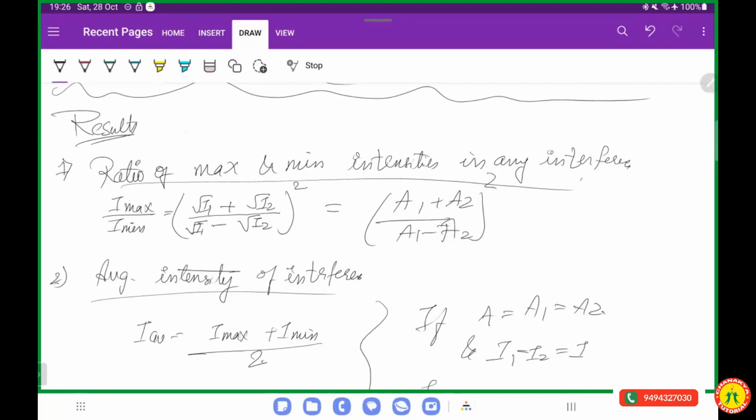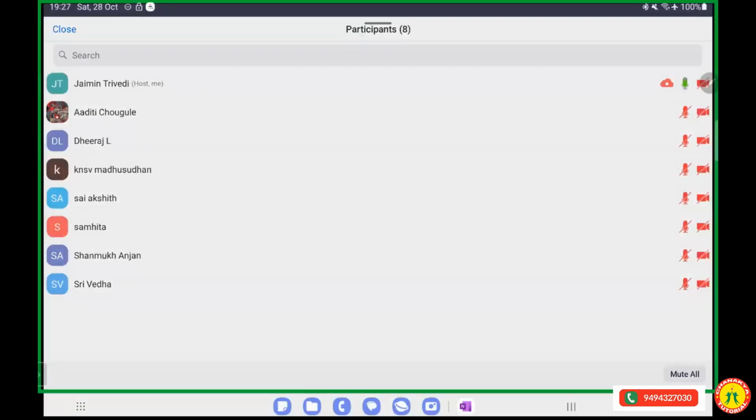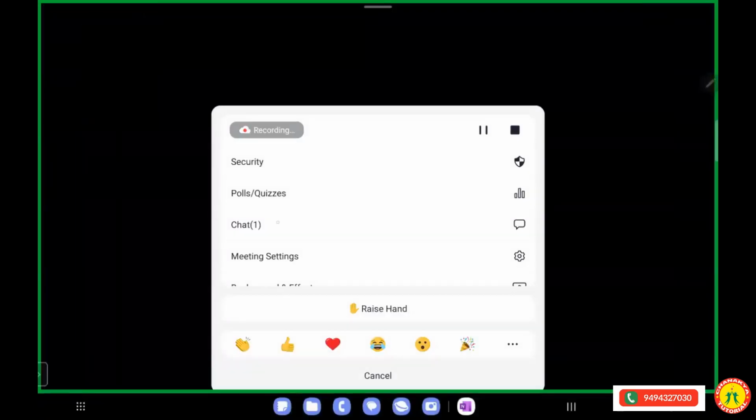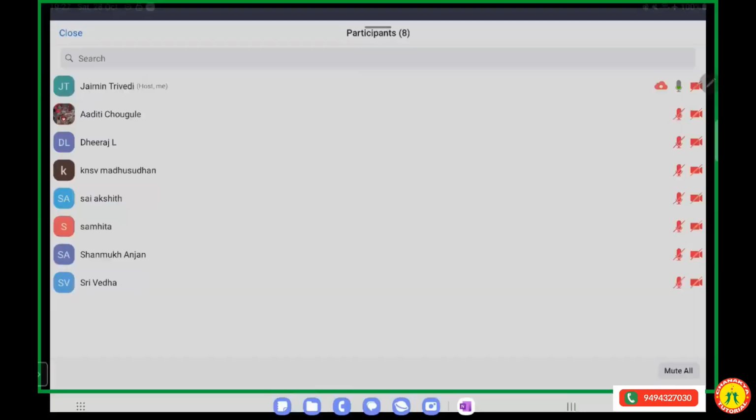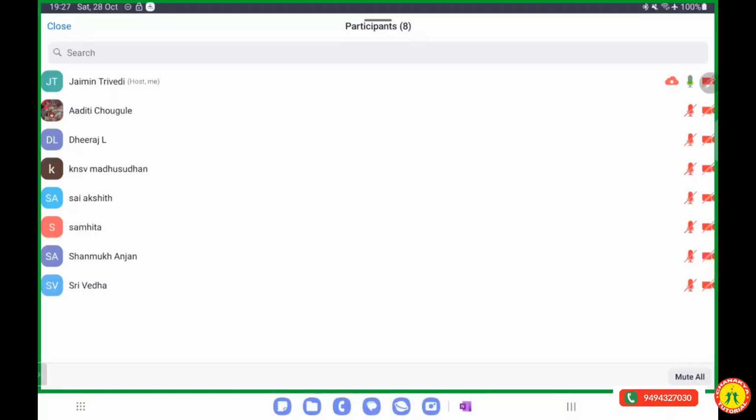Anyone? We have used this intensity in the entire chapter. Just the term intensity, I'm asking. Yes, amount of power it has.